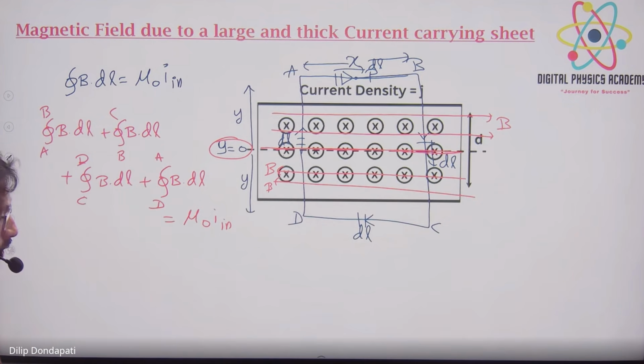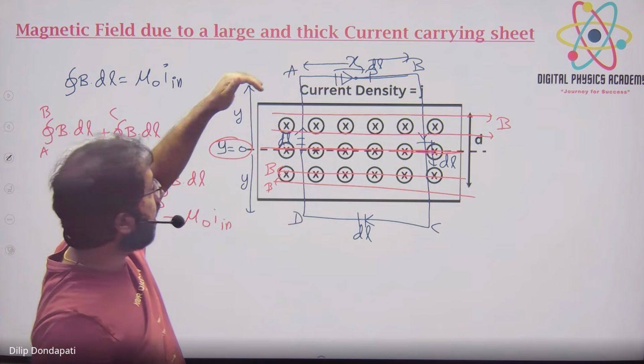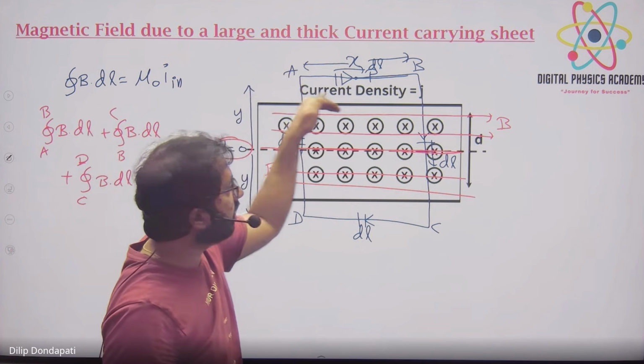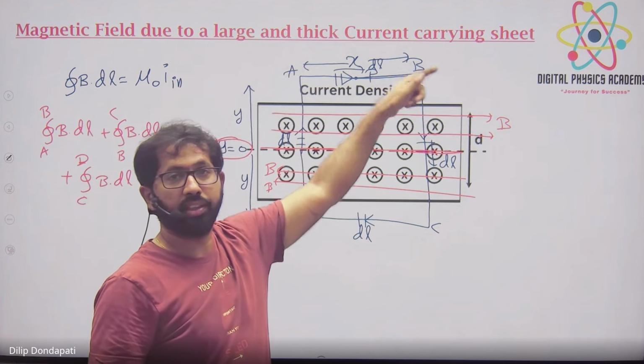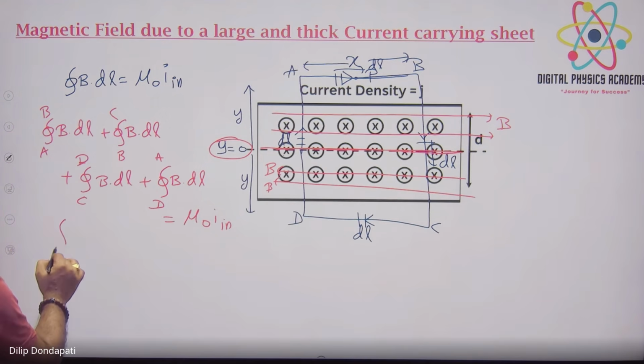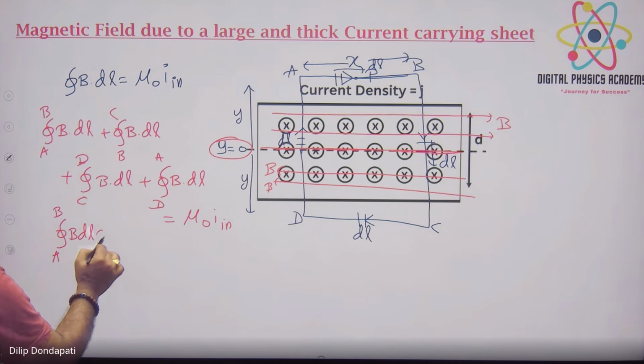Now tell me which one is zero. A to B, is it zero or not? In A to B the magnetic field is in this direction, and dl is also in the same direction, so cos 0 will come.